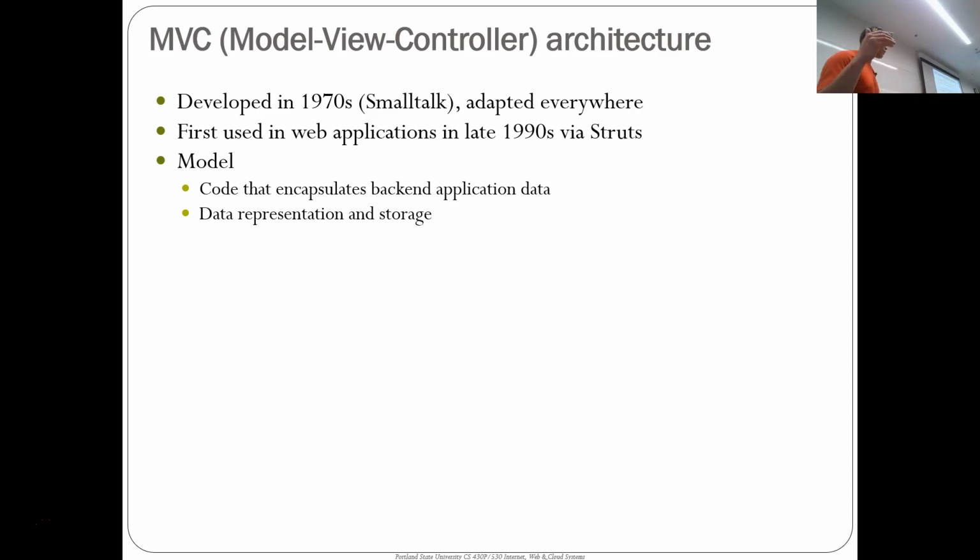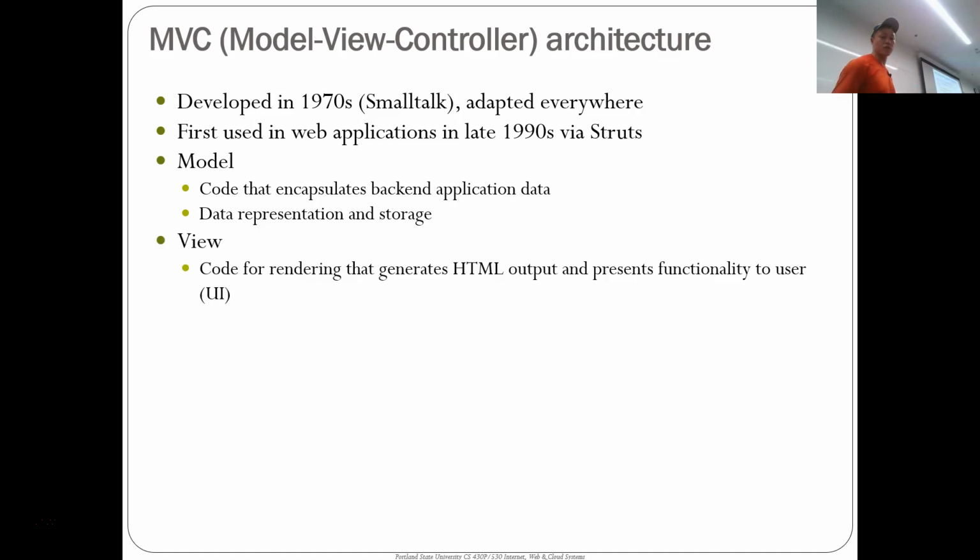The first is the model, and the model is just any of the code that encapsulates the storage of back-end application data. So this focuses on storing the application data and representing it in storage, and then getting it to and from storage. There's the view, which is the code for rendering the UI. So it's generating the HTML output that you would get from accessing data from the model.